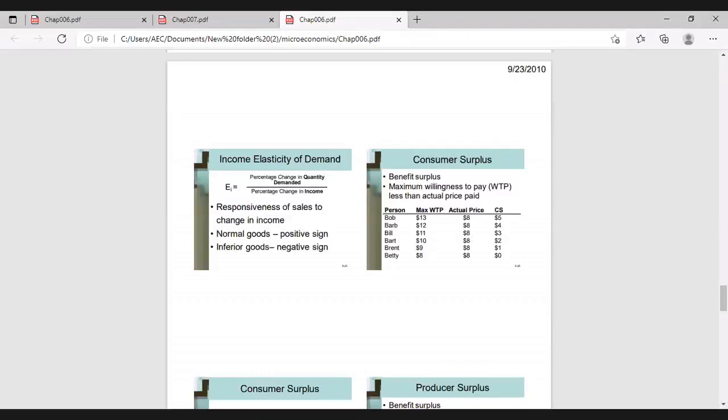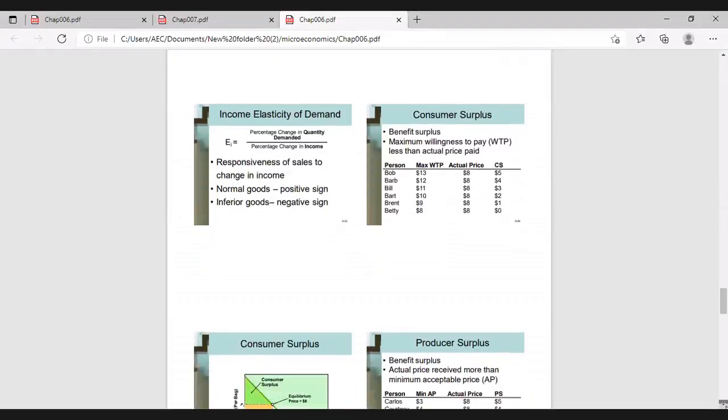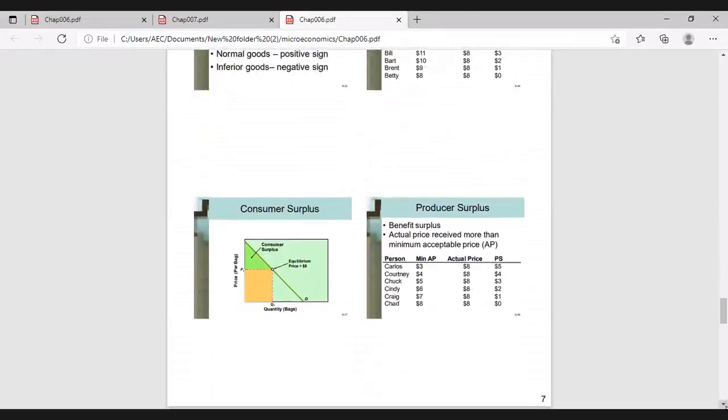Now we will study the last section in the chapter, consumer surplus and producer surplus, economic efficiency. Consumer surplus and producer surplus are the benefit surplus through market transactions.